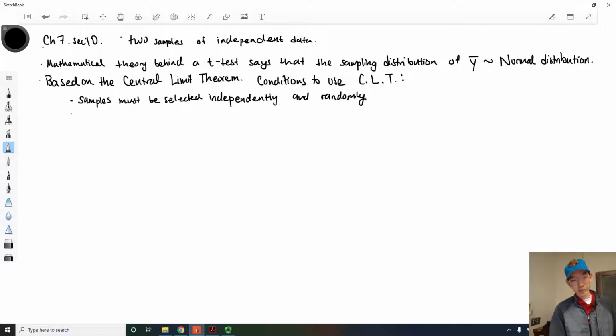And the other was that the samples had to be large enough.